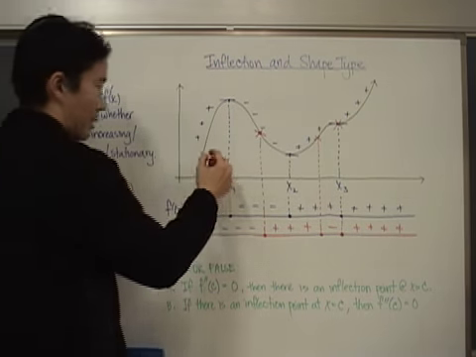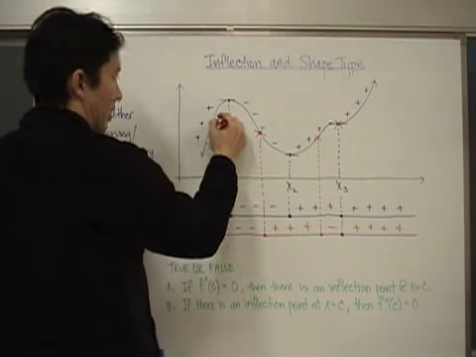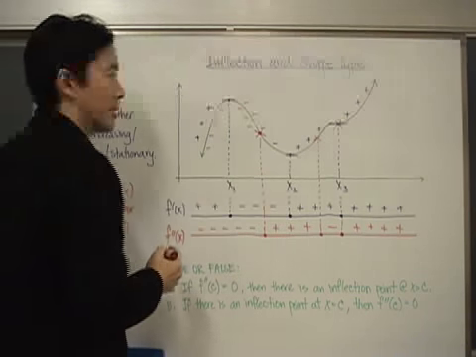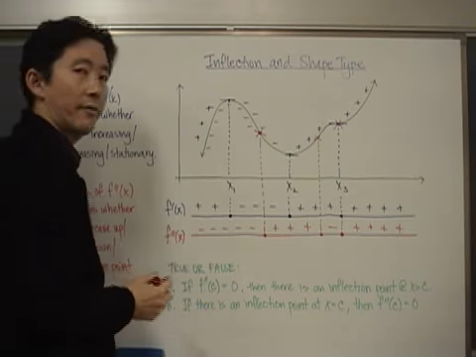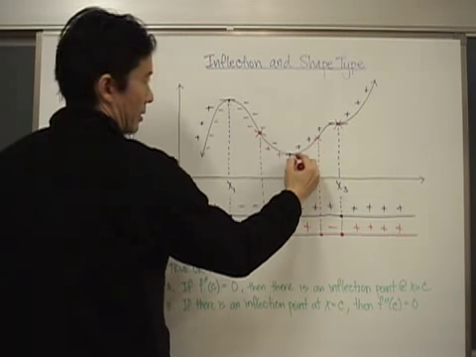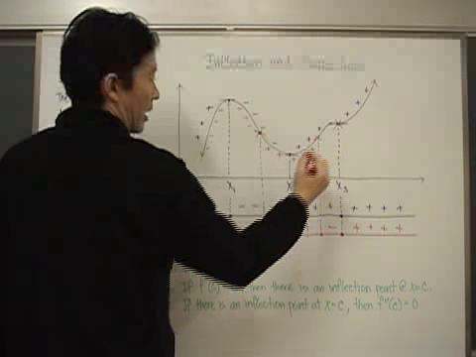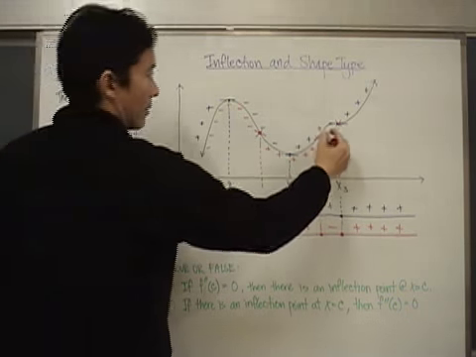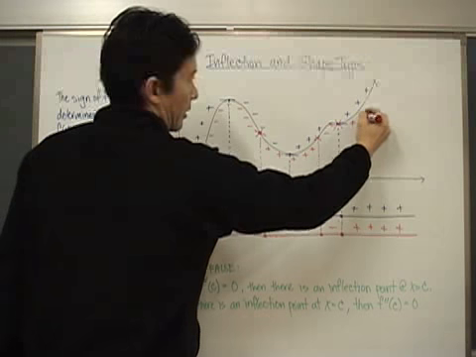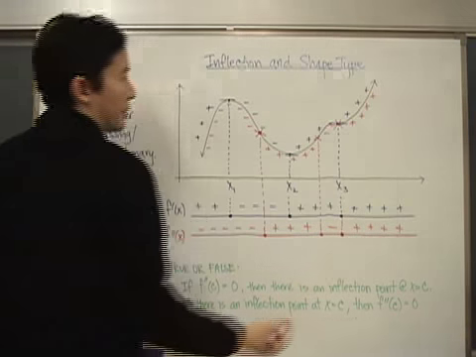So let's put that on the graph itself. All of these areas over here is where your second derivative is concave down. This part over here is where your concavity is concave up. This part over here, concave down. This part over here, concave up.